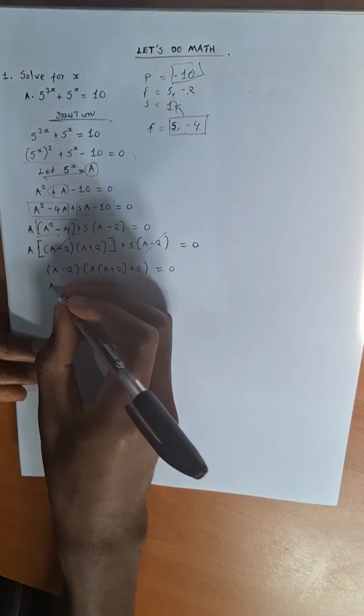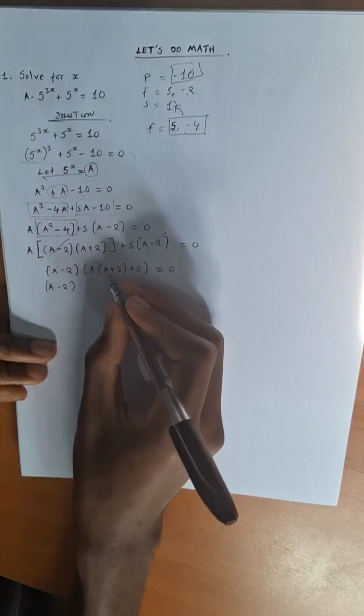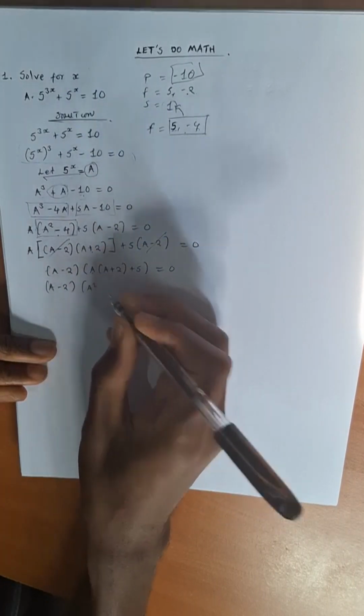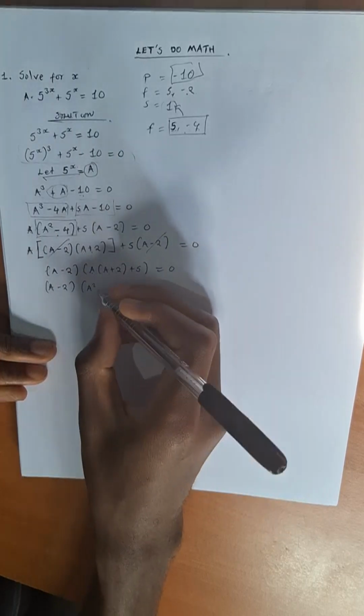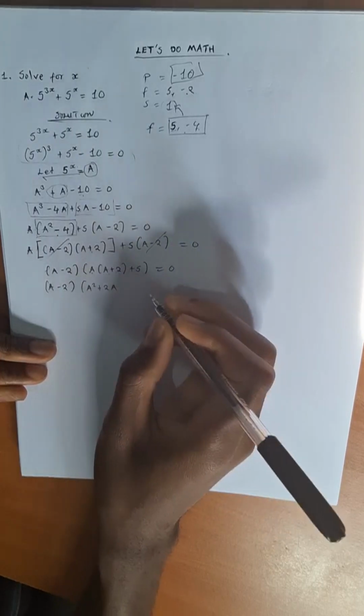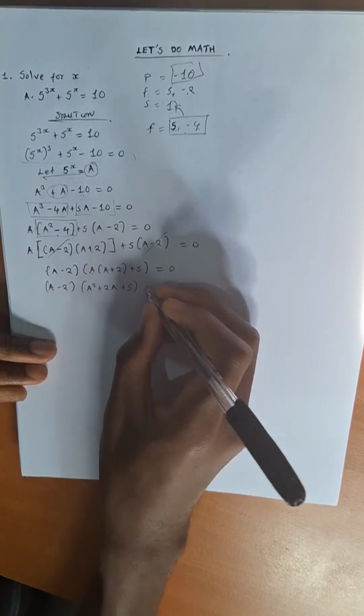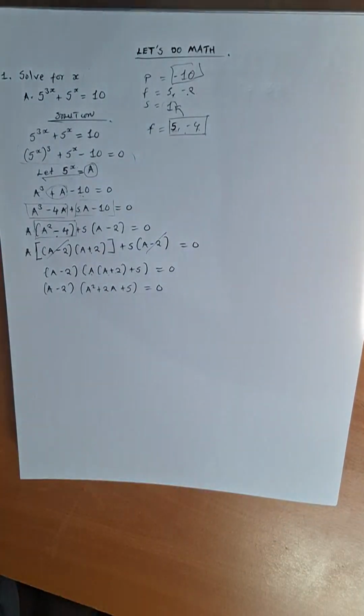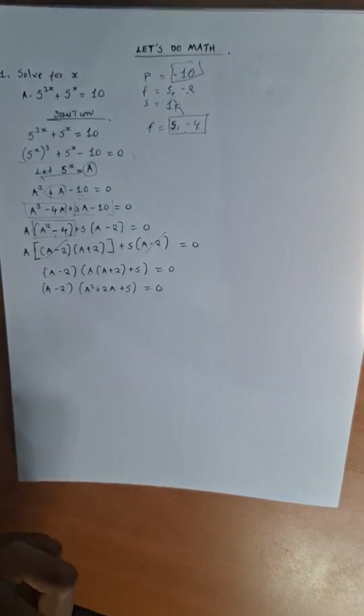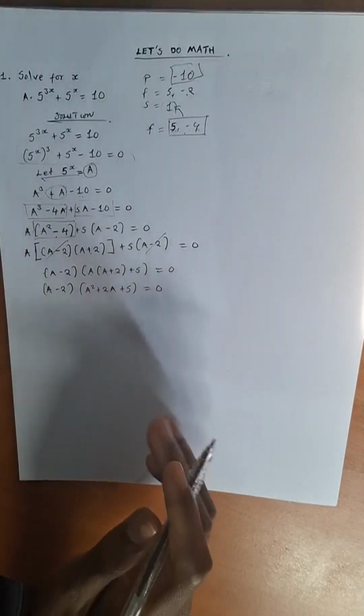So we have a minus 2. A times a is a squared. A times 2 is plus 2a, then plus 5 is equal to 0. So we have two equations to solve.